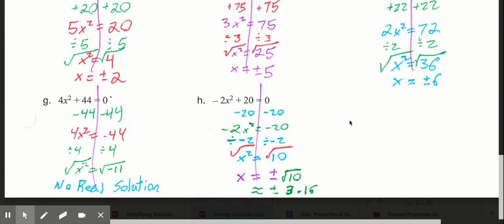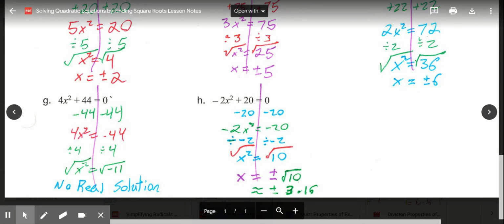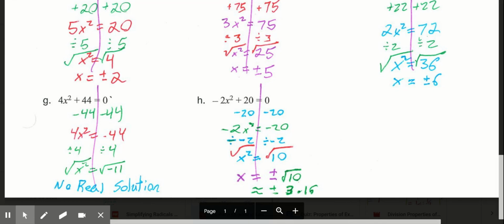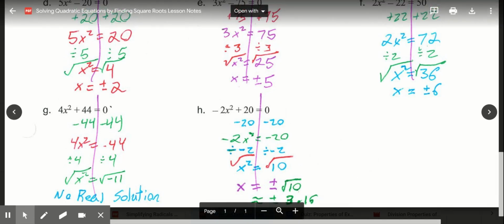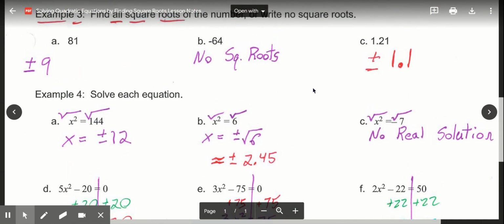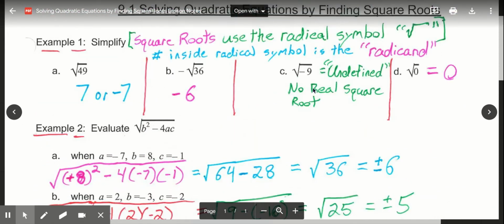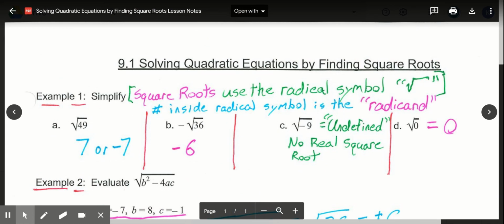So we would square root each side. X would equal a positive or negative square root of 10, which is approximately a positive or negative 3.16.